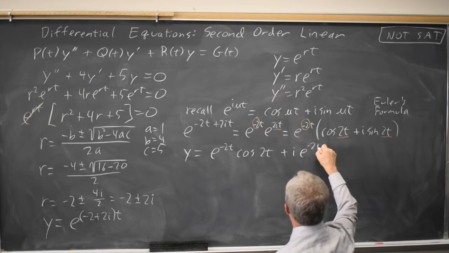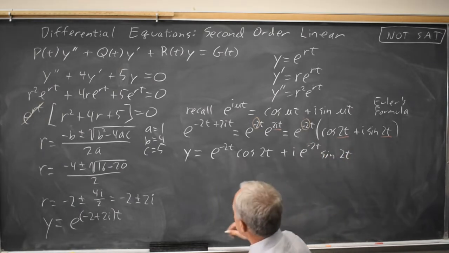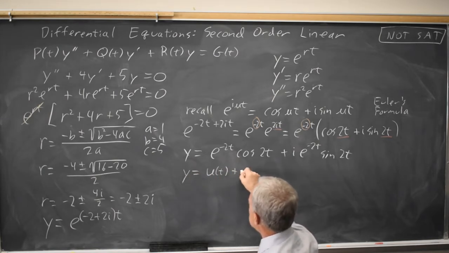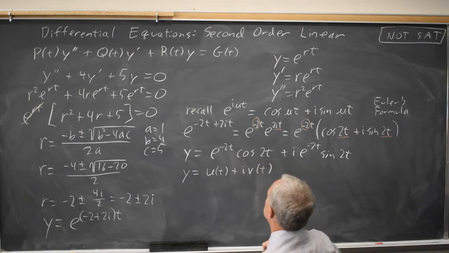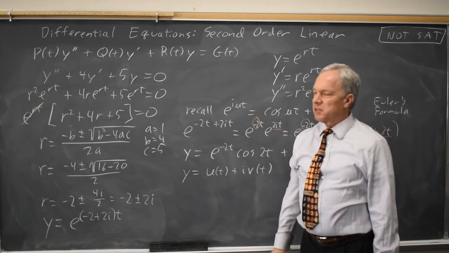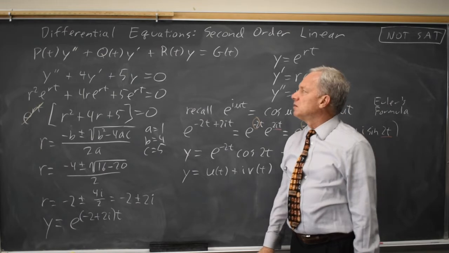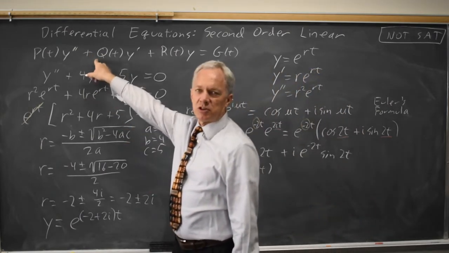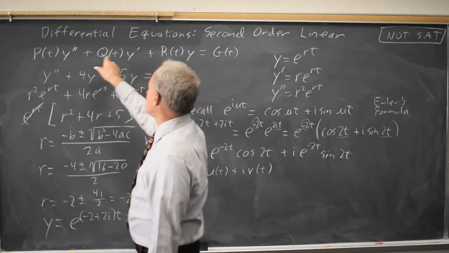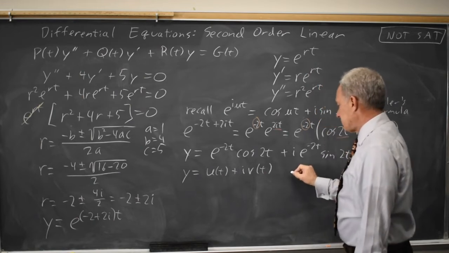And we have a theorem that says if y equals u of t plus i v of t is a solution to a second-order linear homogeneous ordinary differential equation, whether it's constant coefficient or functional coefficients, then if the coefficients are real, which these are, u of t and v of t are solutions.